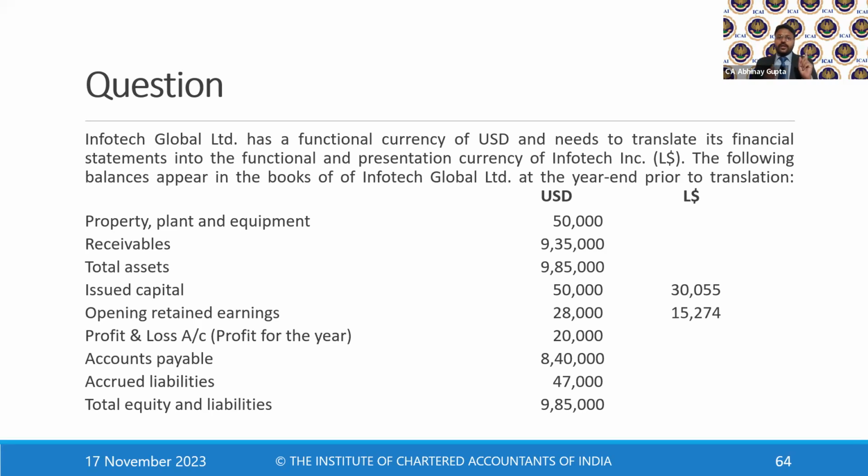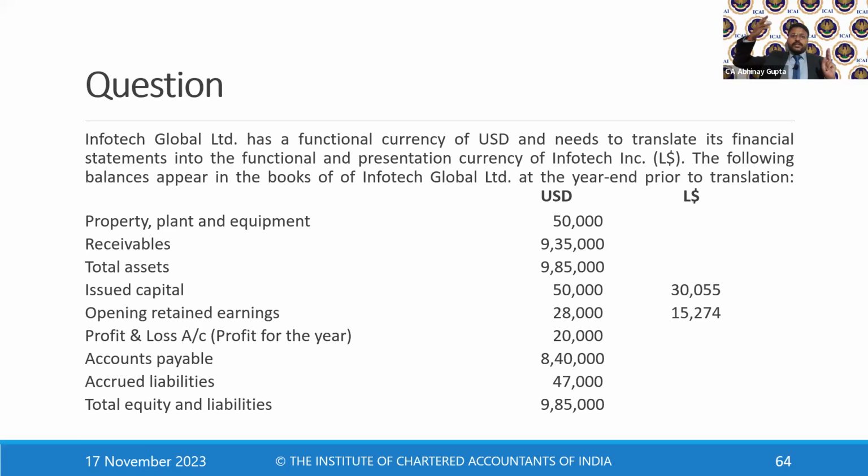So that is the one scenario where companies want to prepare an additional set of financial statements in any other currency, which will be termed as presentation currency, right? Another scenario could be where a company is preparing the consolidated financial statements, and the parent company has a different functional currency and the foreign operation has a different functional currency.